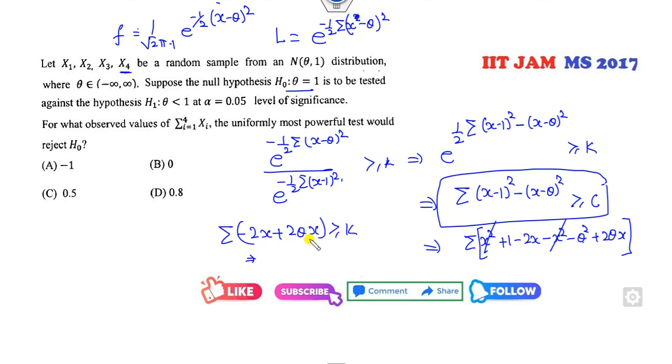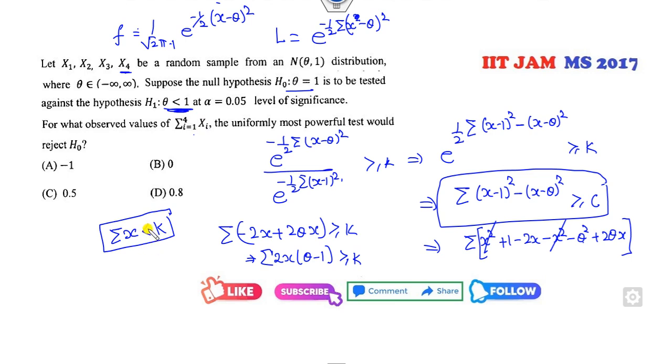Or I can take 2x common. It is theta minus 1. So you can see theta is less than 1, so this number is negative. Once this number is negative, I can say x is less than k.